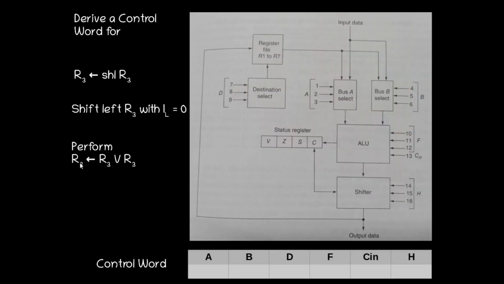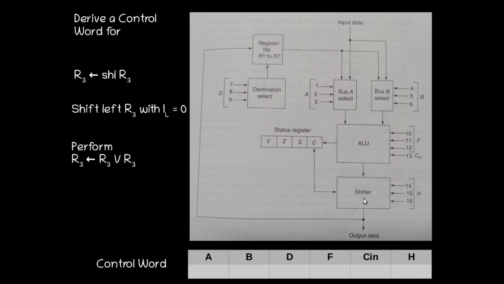First perform R3 = R3 OR R3. Then the output of the ALU will be R3 itself. That will simply transfer R3 from here to here. And in the case of a logic operation, that will not affect the status register. So we will get R3 here.